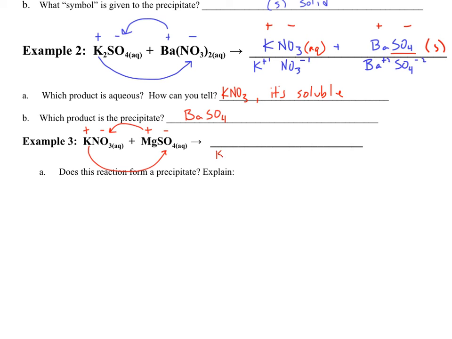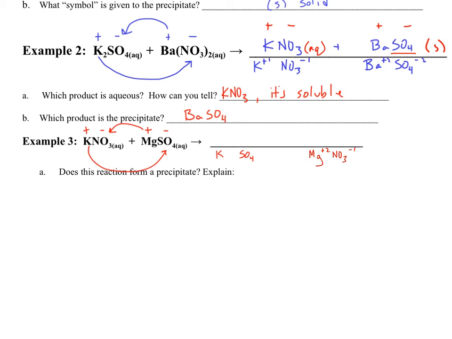So I've got potassium and sulfate. And then over here, I've got magnesium and nitrate. Nitrate, we already mentioned, has a -1 charge. Magnesium has a +2 charge.